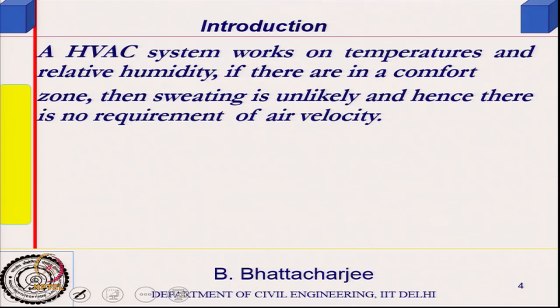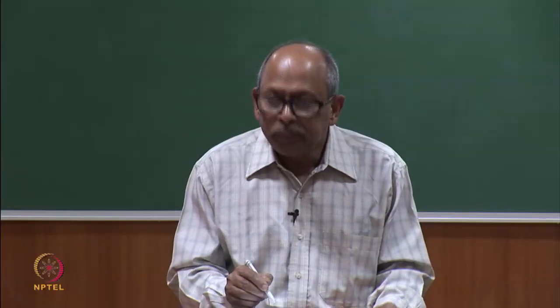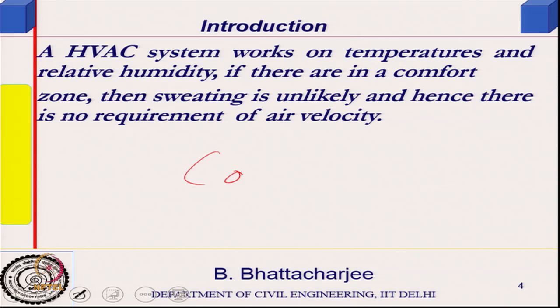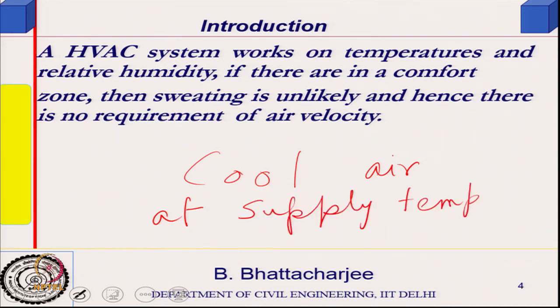Now, how do we maintain it? Generally, cooling is done by supplying cool air at what is called the supply temperature. So, cool air at some supply temperature would be supplied into the room, and it will have a specific moisture content.